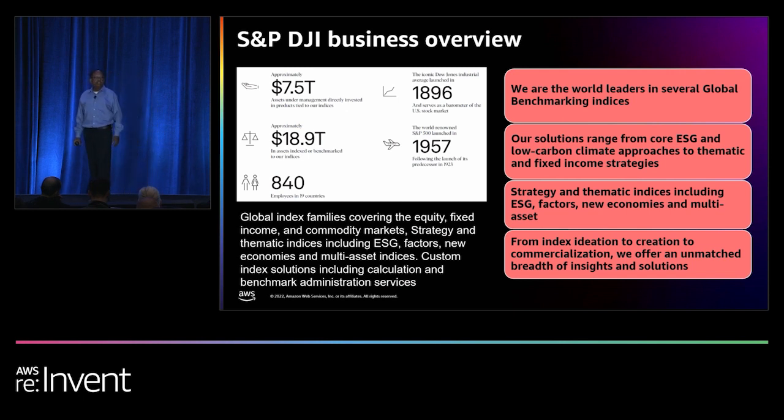Recently, we have been focusing on building some newer indices, thematic indices focused on environmental, social, and governance factors, right? And our new economy indices also look at industries like robotics, artificial intelligence, nanotechnology, genetic engineering, and various types of industries that are going through transformation.